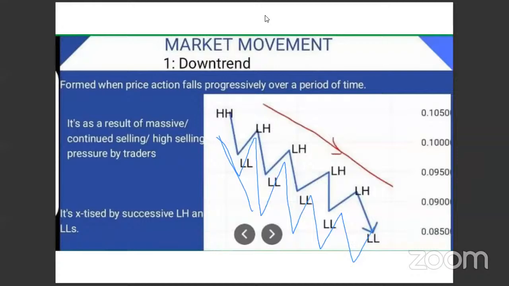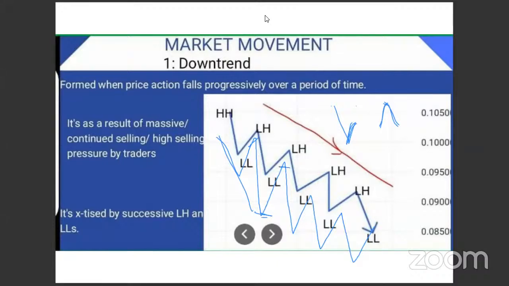But when you draw a line on these points, you see it forms a normal V and an inverted V. So a trader wants to get in when the market forms a normal V and gets out when the market forms an inverted V.